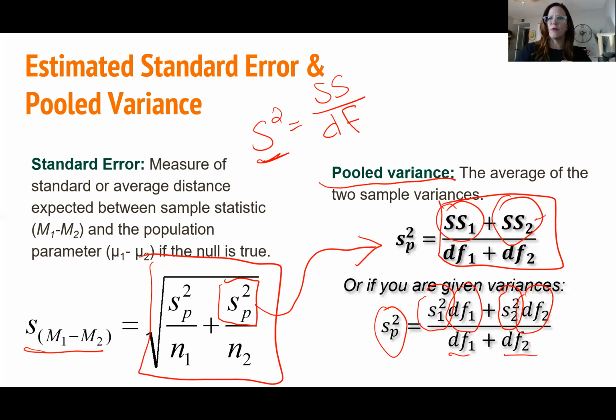Now this is very important when you're plugging things into your calculator, that you're doing them in the right manner. So for example, in this top equation, if I do sums of squares 1 plus sums of squares 2 divided by degrees of freedom 1 plus degrees of freedom 2, if I don't put any parentheses, basically it's going to take the sums of squares for group 1 and add it to the fraction of sums of squares for group 2 divided by the degrees of freedom for group 1, and then add that total to the degrees of freedom for group 2.